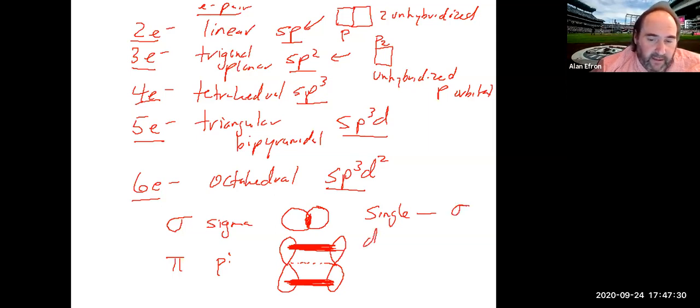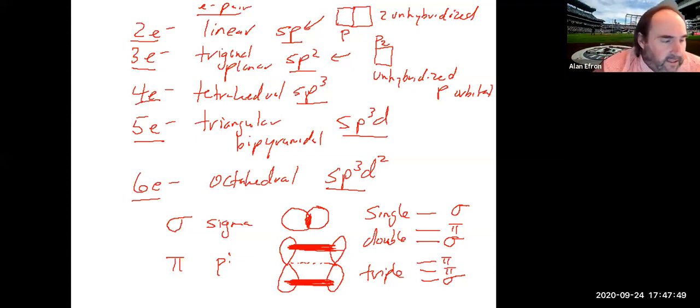If you have a double bond, it is made up of a sigma bond and a pi bond. So the first line is a sigma bond, the next one is a pi bond. And if you have a triple bond, which again would be 3 lines, the first one is a sigma bond, and the next two would be pi bonds.